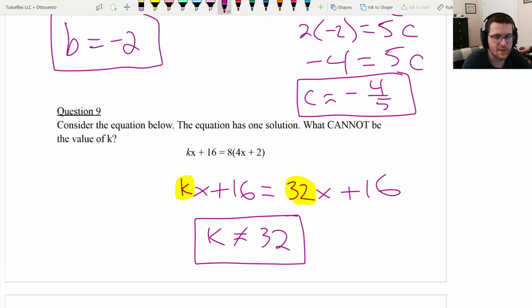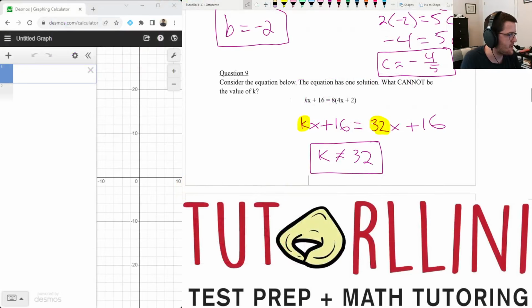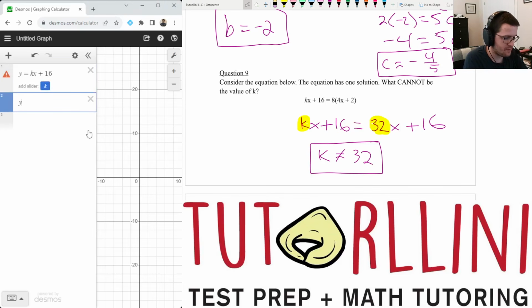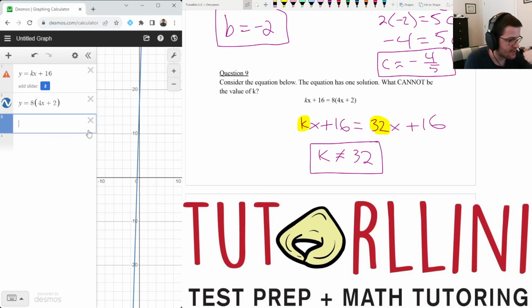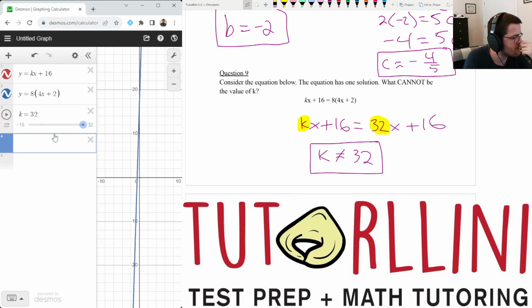So let's check this one. It's going to be a little weird, but we can type in y equals kx plus 16, and we can type in y equals 8 times 4x plus 2. Let's see what happens when k is 32.